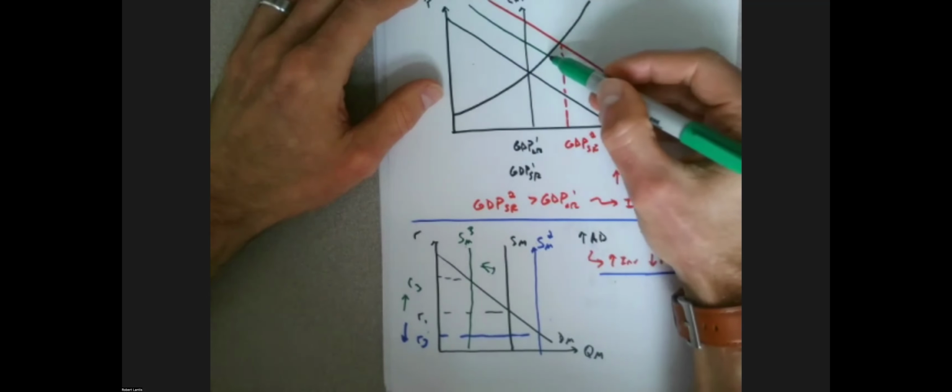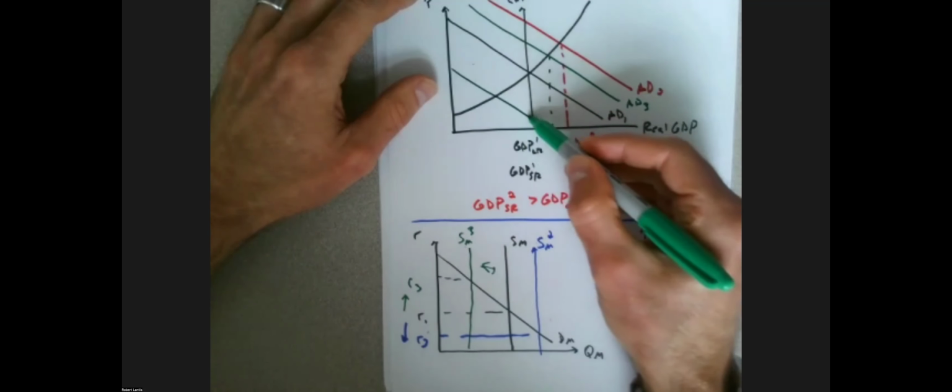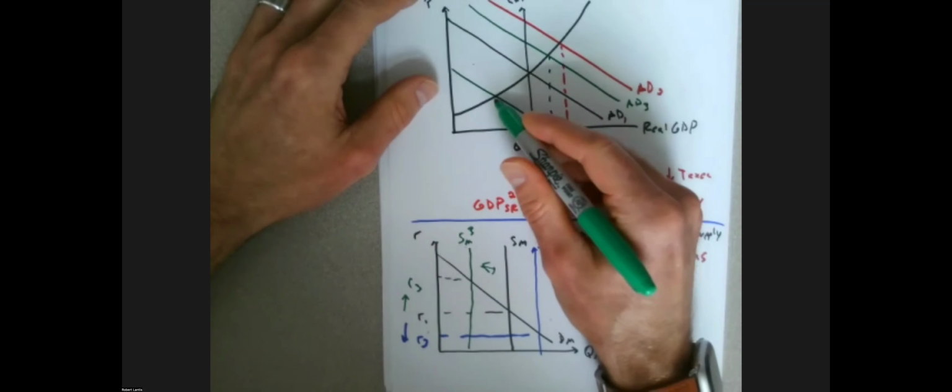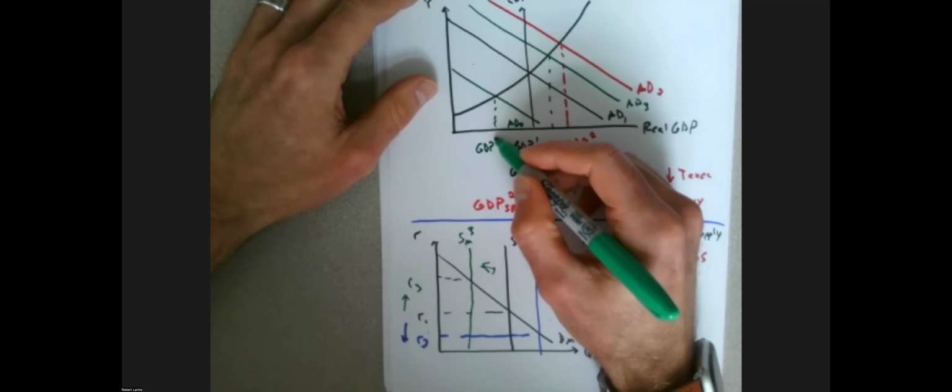Now, if we have these simultaneous policies, both a change in government spending and, at the same time, a change in the money supply, what's going to happen? Well, if it decreased aggregate demand here, I still have GDP that is too high. However, if the change caused by monetary policy is even larger than the change caused by fiscal policy, I could end up in a scenario where I've actually driven the GDP to be too low.